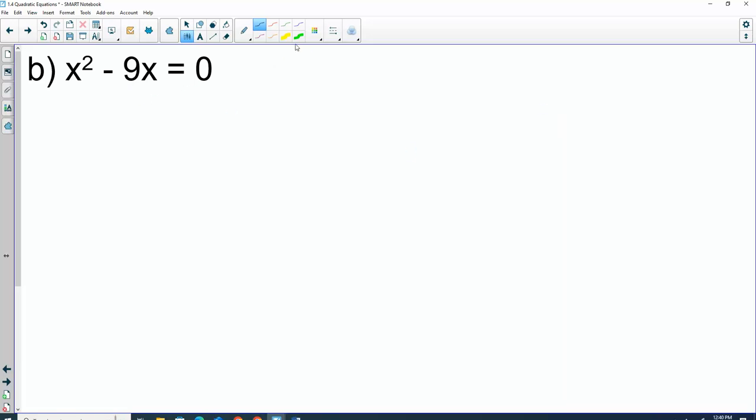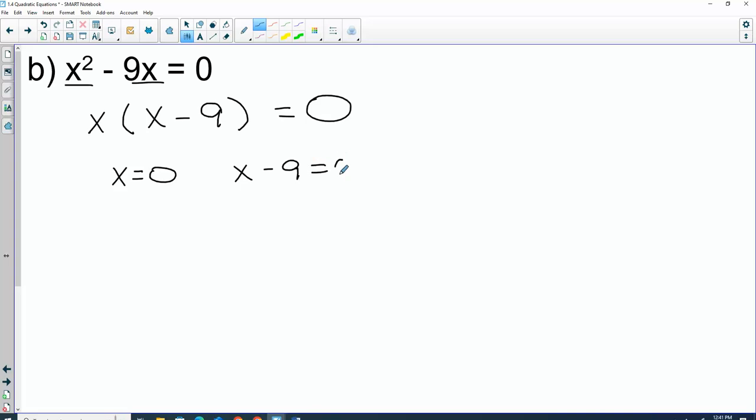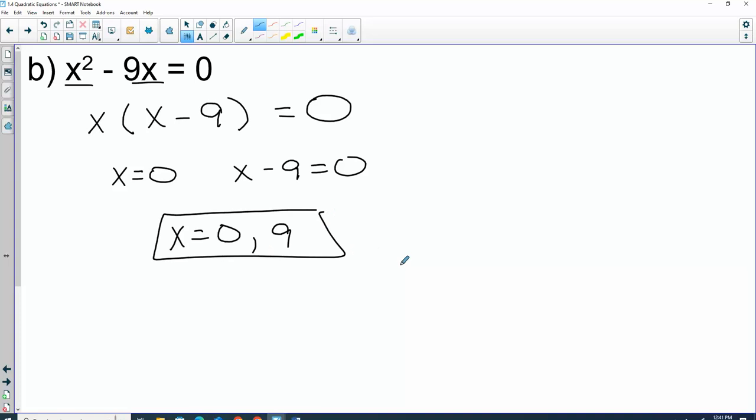It's not actually difference of squares, but we can take out our x. Greatest common factor is always where you look first on those problems. So then set each thing to 0, so either x equals 0 or x minus 9 equals 0. So we get 0 and 9 for our solutions.